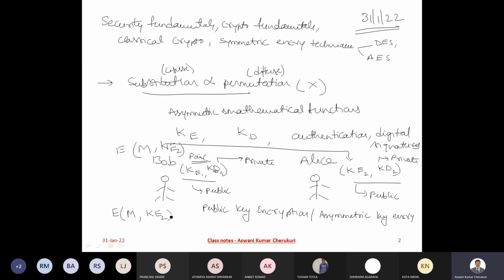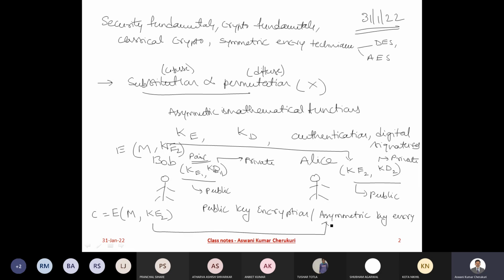What is KE2? It is the public key of Alice. So Bob uses the public key of Alice to encrypt the message and sends the ciphertext to Alice.